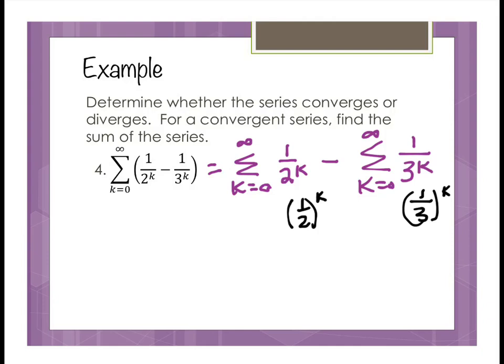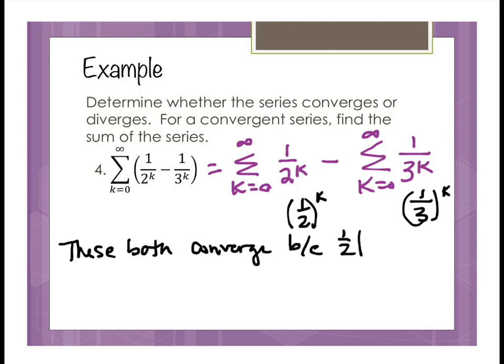And the 1 over 3 converges for the same reason, right? So we're going to write ourselves a note that these both converge because 1/2 is less than 1 and 1/3 is less than 1. They're geometric series, and the common ratio is less than 1.